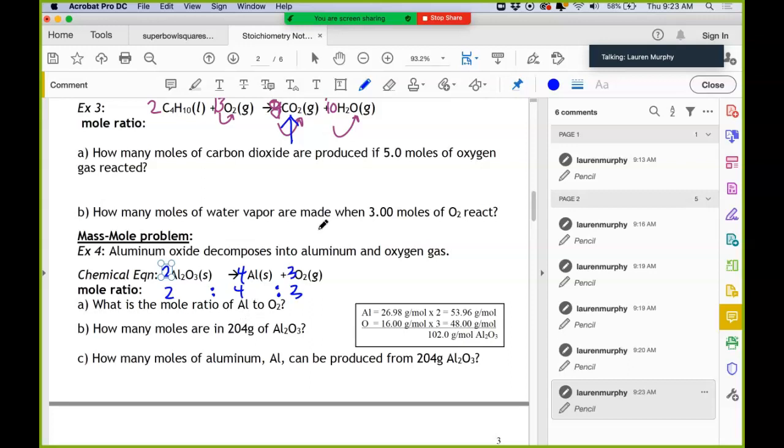Okay, 2 to 4 to 3. So this asks, what is the mole ratio of aluminum to oxygen? Well, aluminum to oxygen is a 4 to 3 ratio.